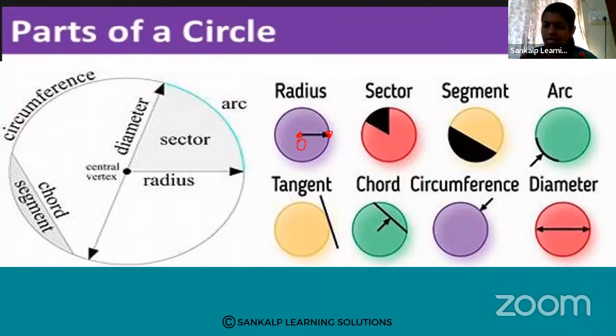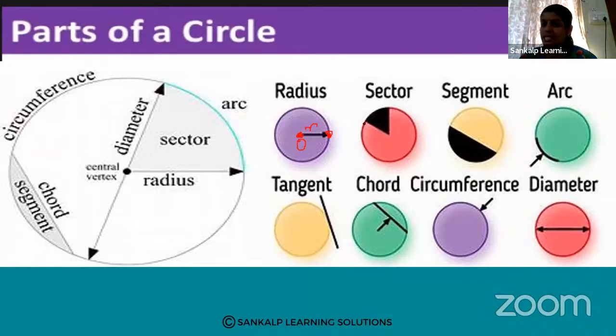The distance between the center of the circle and a point on the circle is called radius. If you join the central point to any point on the circle, you call it a radius, and radius can be denoted by small r, right?